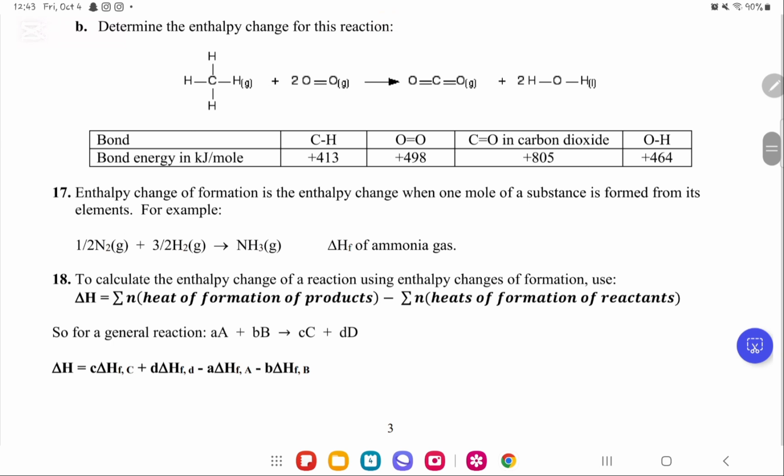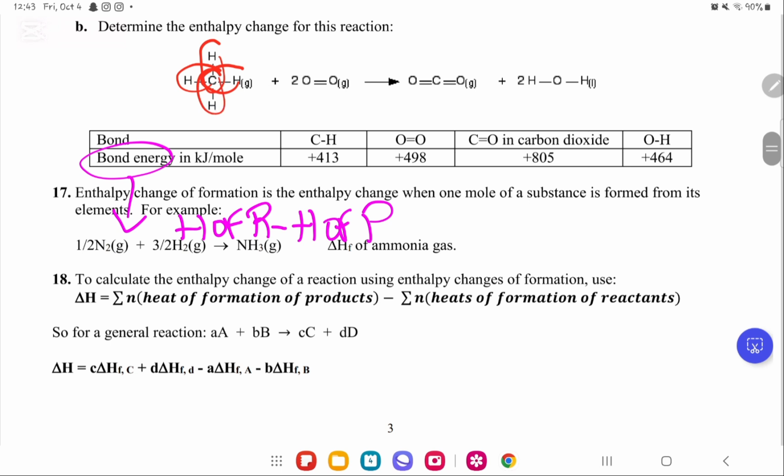Determine the enthalpy change for this reaction. Okay, again we have bond energy. What is the rule of bond energy? It is the heat of reactants minus the heat of products. So we have 1, 2, 3, 4 CH bonds, so 4 times CH bond plus 2 times O double O bond.